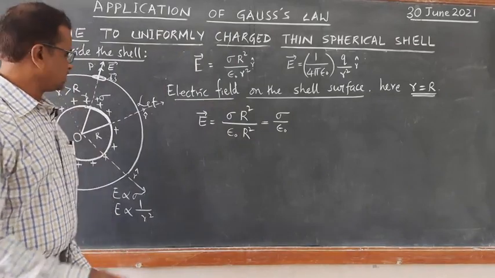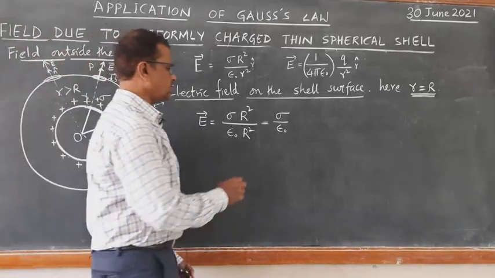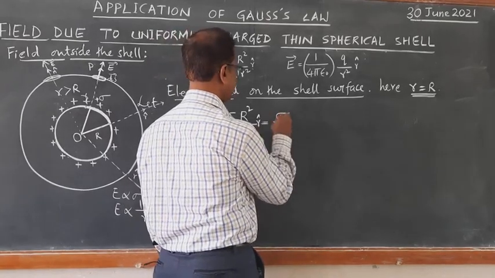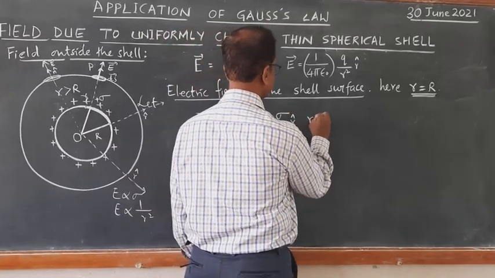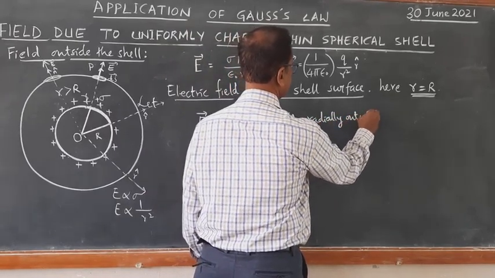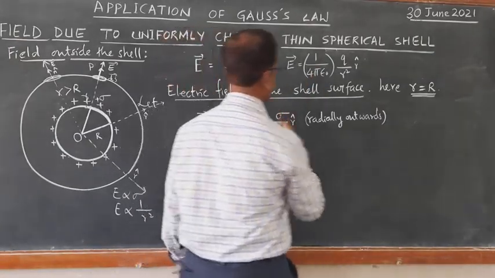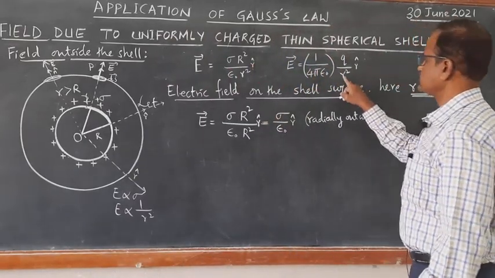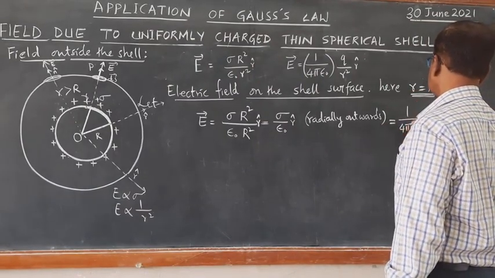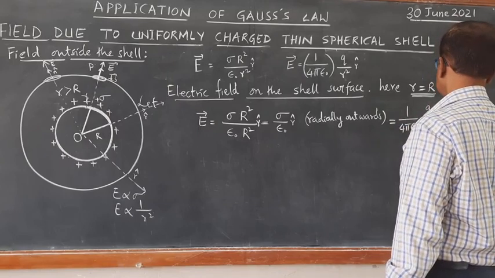So, the electric field is constant at every point on this surface, and it depends just on the charge density, and you can write the unit vector r cap. So, this is radially outwards. If you write it in terms of charge, it is the same thing: small r becomes capital R, that is it. 1 upon 4 pi epsilon naught q upon capital R square into r cap.